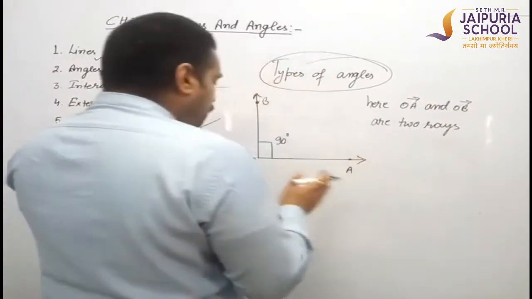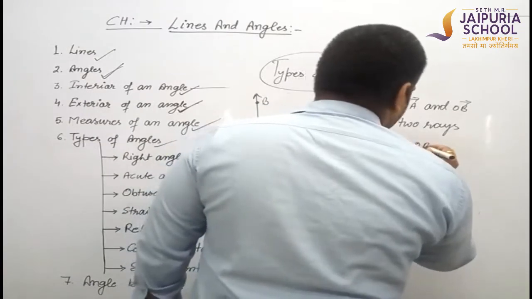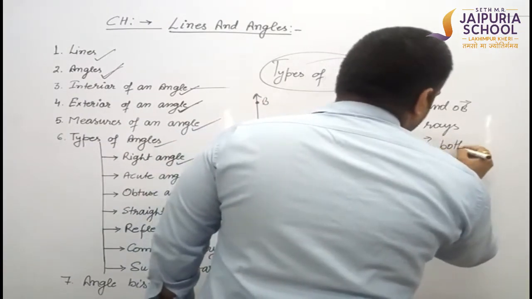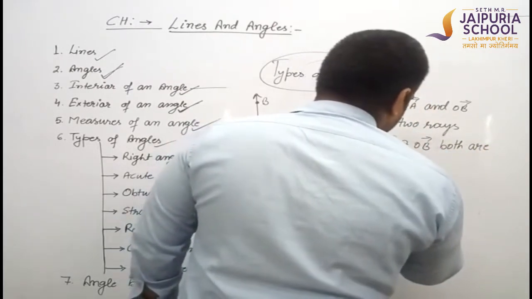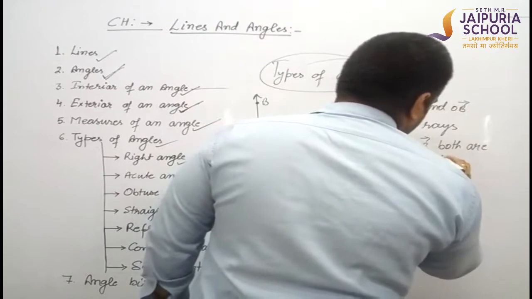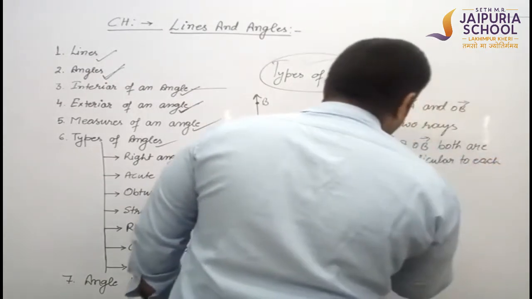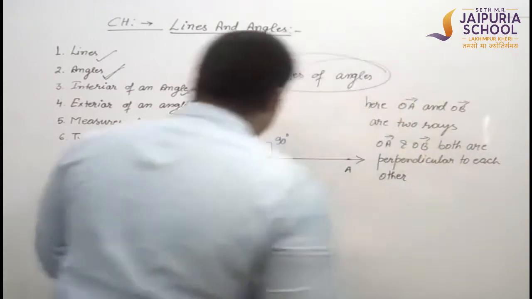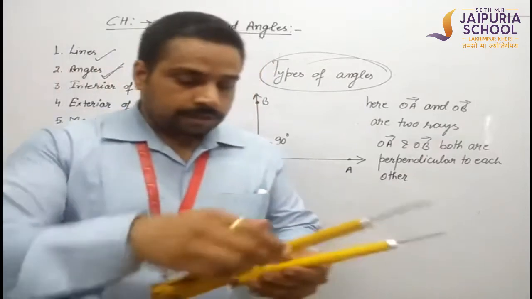So what is happening? OA and OB both are perpendicular to each other. Is that clear? Okay. Now look at this part.